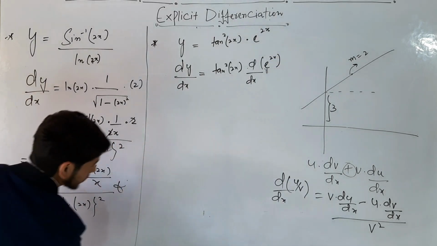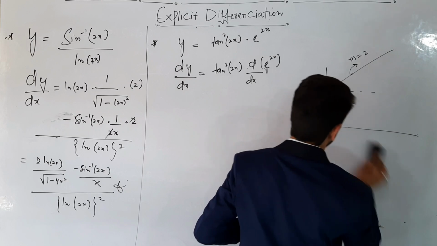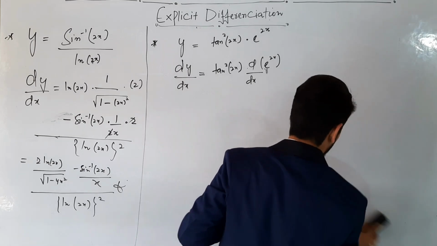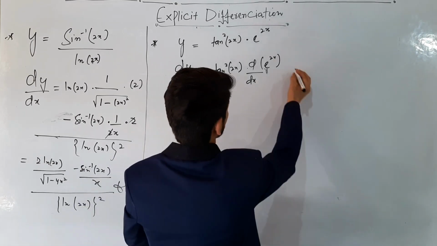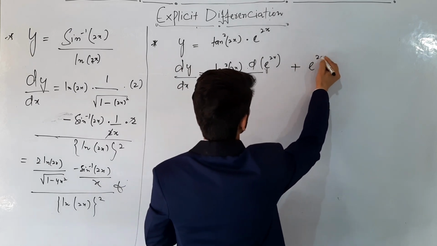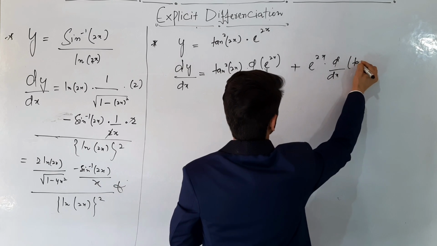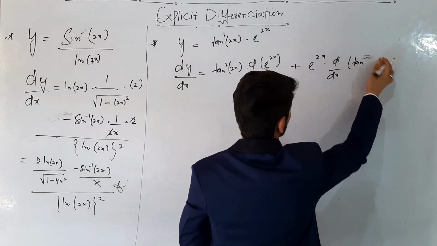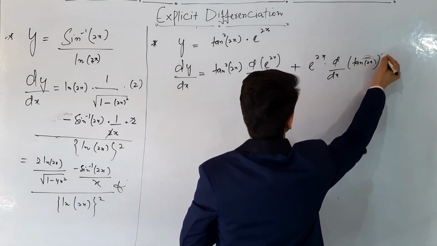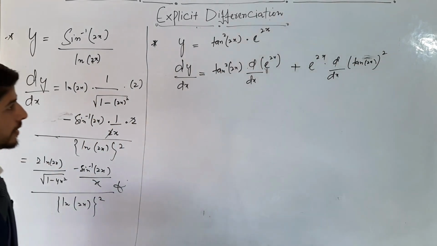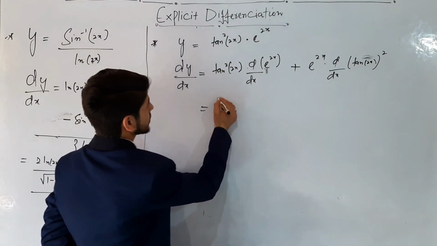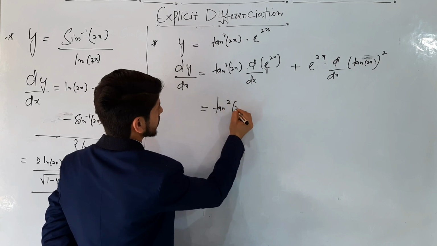Then we take another function plus, that's e power 2x multiplied by the derivative of tan square. Can we write tan 2x whole square? Yeah, we can write. Okay, nice. It is tan square 2x.